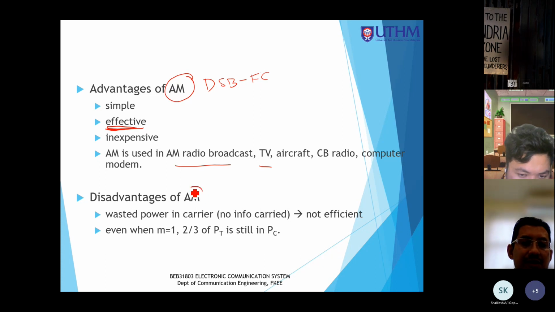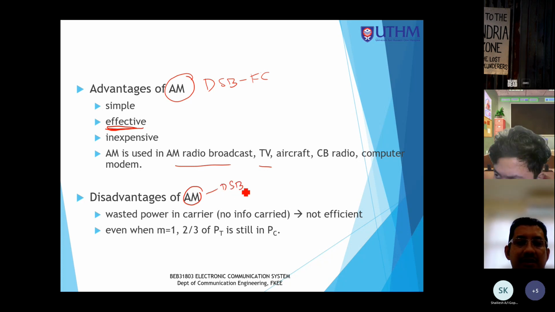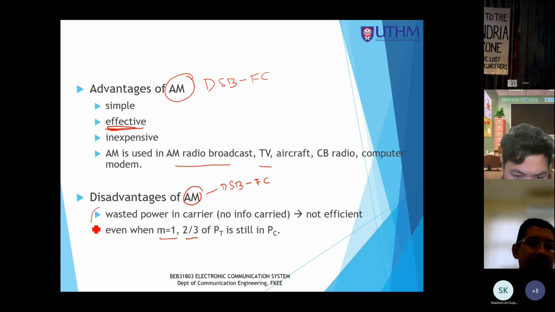Apakah disadvantage of AM? Again, ini merujuk kepada double sideband full carrier. So dikatakan di sini wasted power in carrier, not efficient dia kata. Even when modulation index sama dengan 1, total power adalah 2/3 of the total power. So kita akan lihat dua perkara ini nanti. So apa maksud dia?